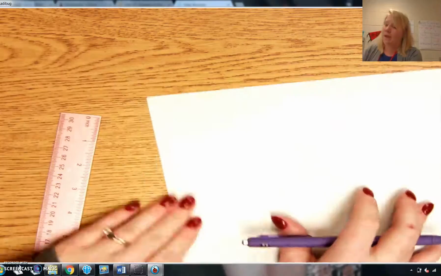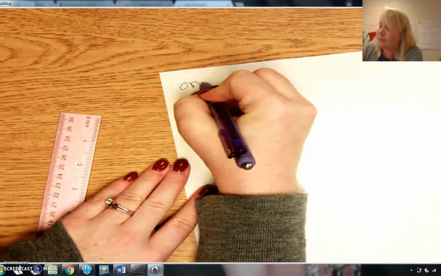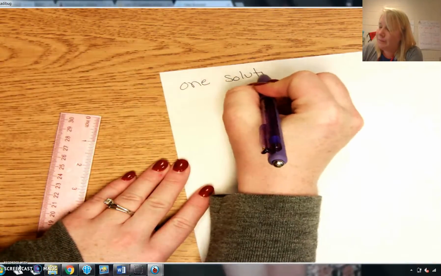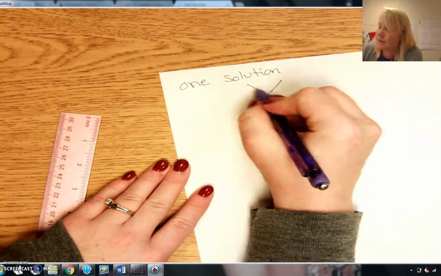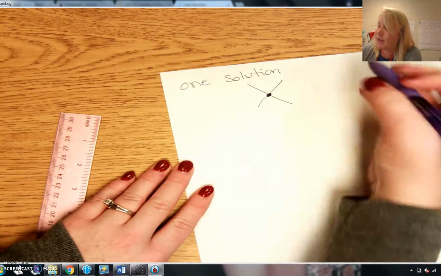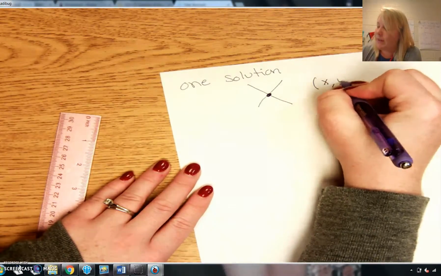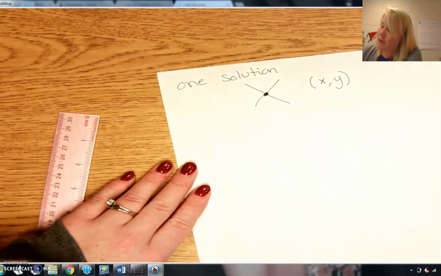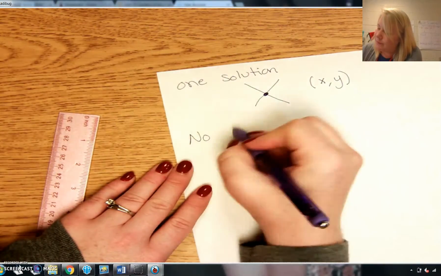So some things to remember would be one solution looks like this. It has a point and an x and a y. That is my solution. Okay? No solution.